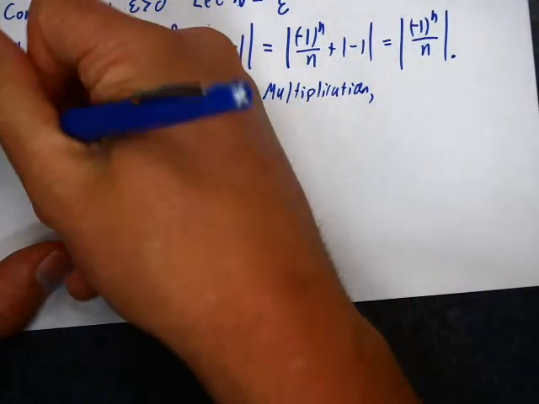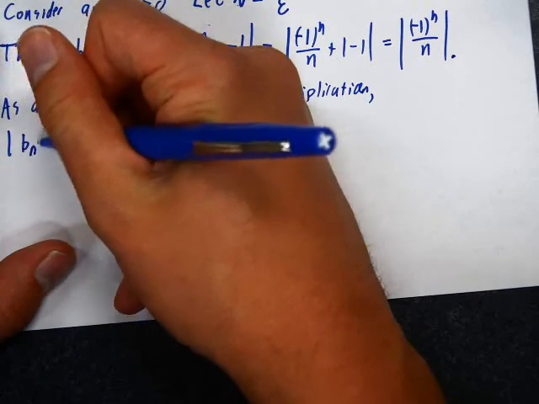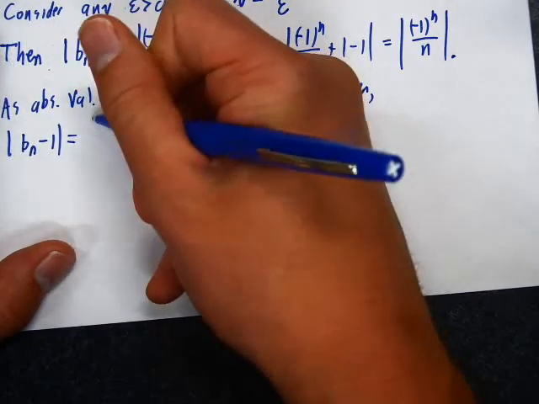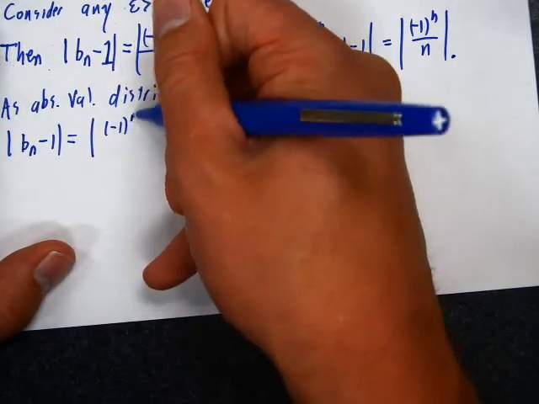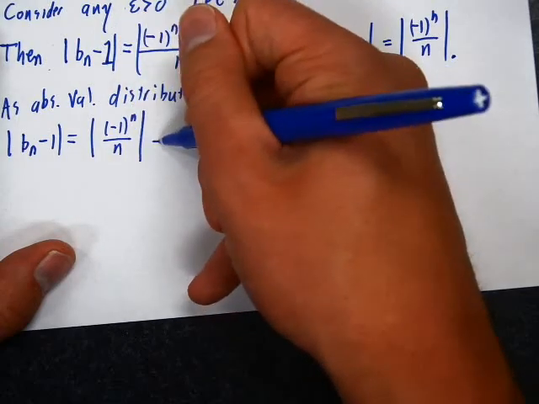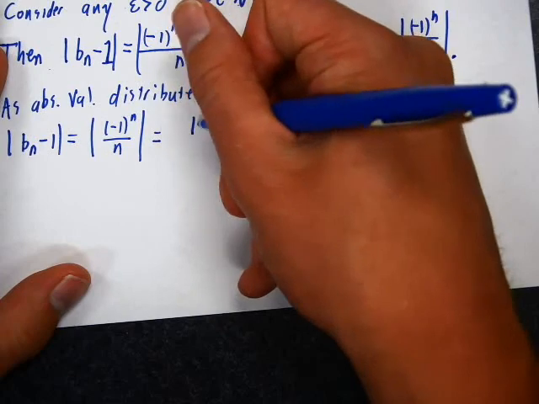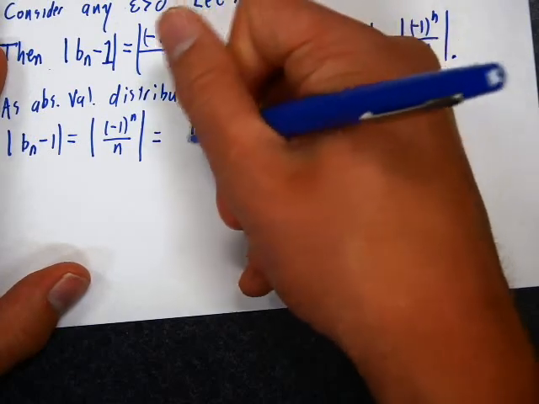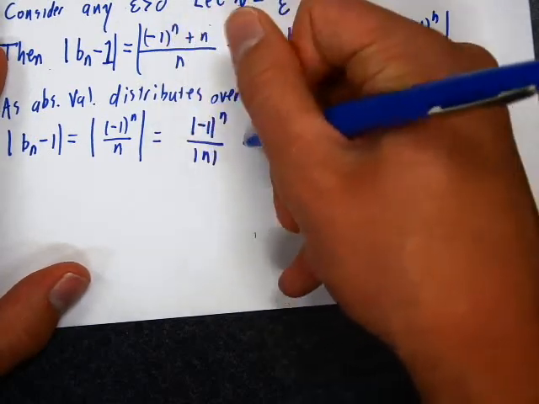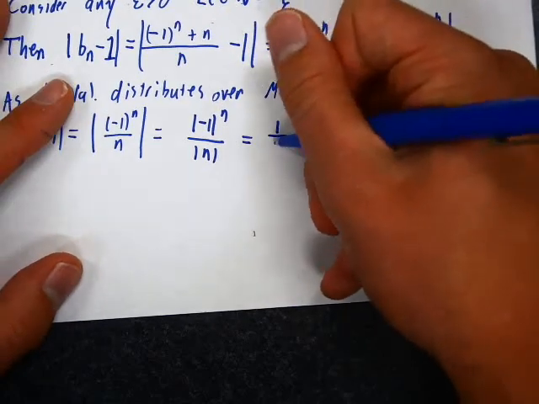it follows then that the absolute value of b sub n minus 1, which we've just shown is the absolute value of (-1)^n all over n, is equal to the absolute value of (-1)^n all over the absolute value of n, which is equal to 1 over n.